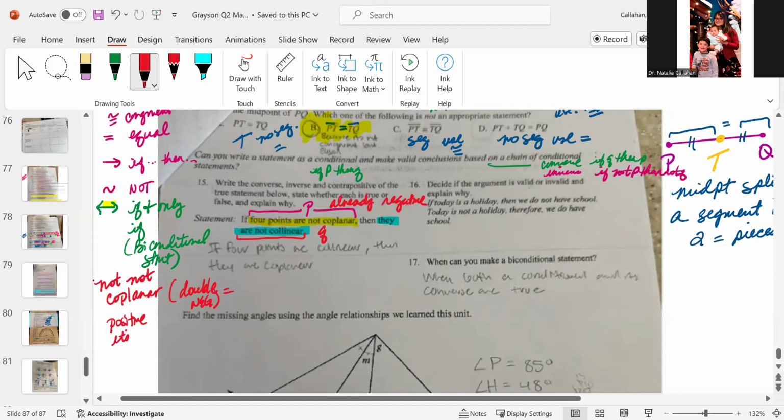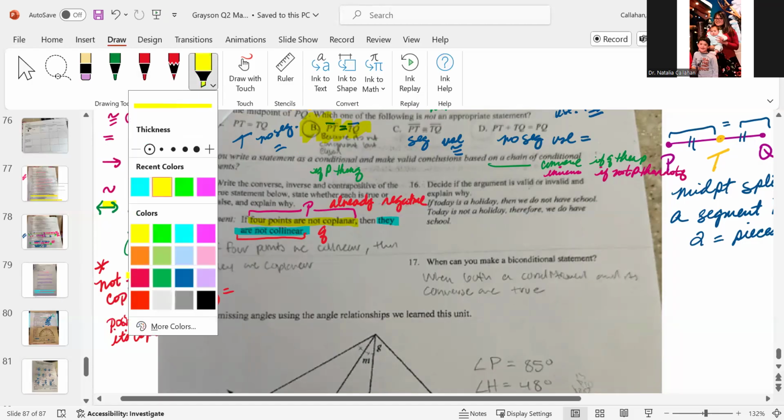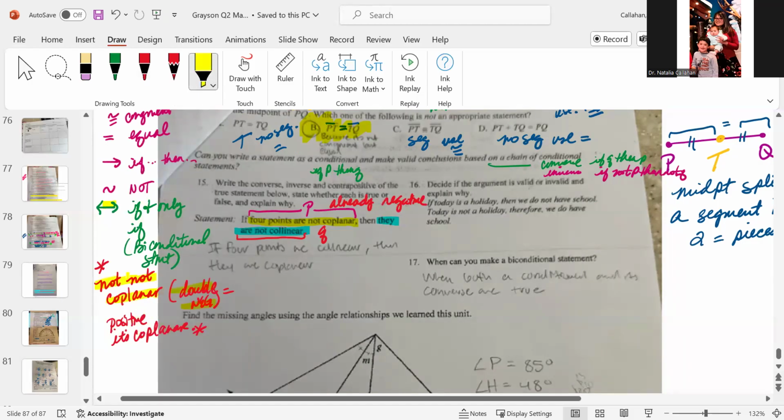So it's coplanar. Be careful with that, because when you do the inverse, if not P, then not Q, and the contrapositive, if not Q, then not P, you have to negate that. The negative of a negative is a positive. So this part highlighted in yellow, not coplanar, double negative equals positive, which means coplanar.